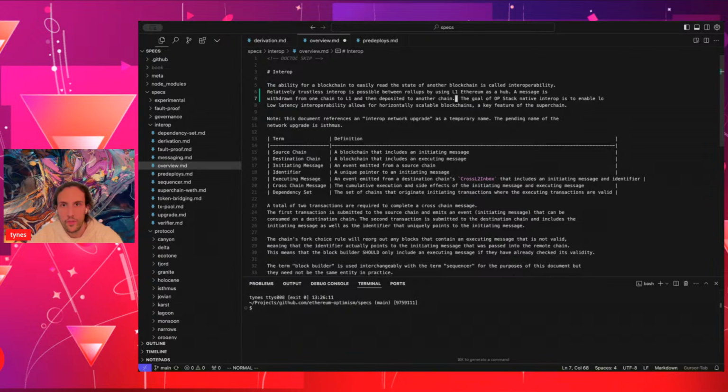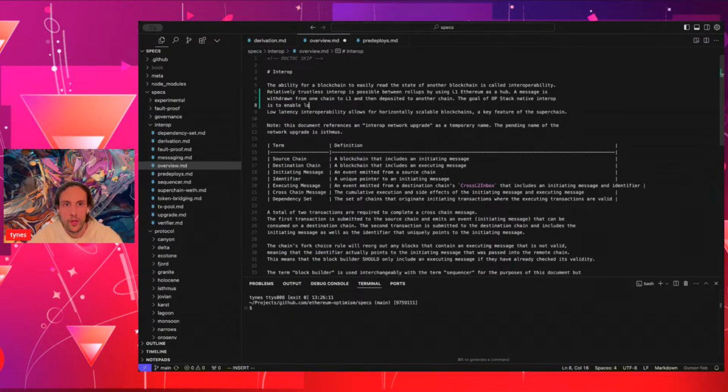The goal of OP Stack native interop is to enable cross-chain messaging at a much lower latency than going through L1.